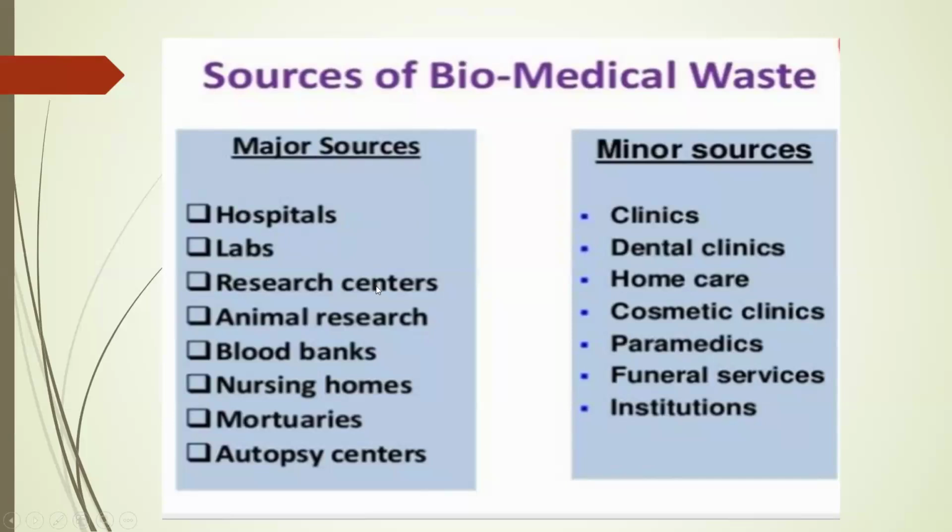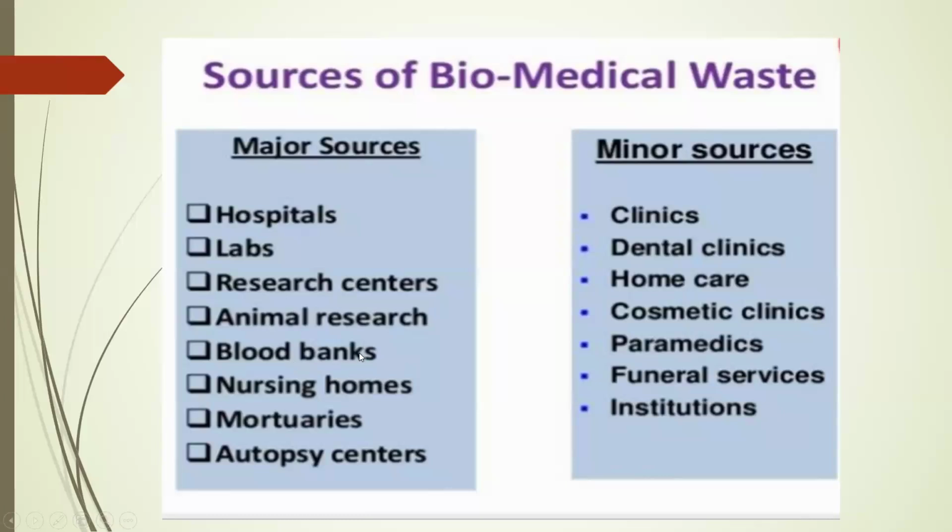Research centers, institutions focused on medical or biological research, generate waste related to experiments and animal studies. Animal research facilities conducting veterinary or experimental research with animals produce biomedical waste, including tissues and bedding.